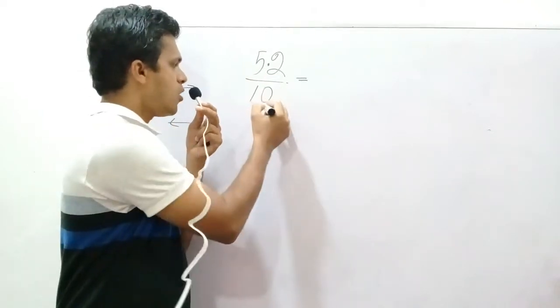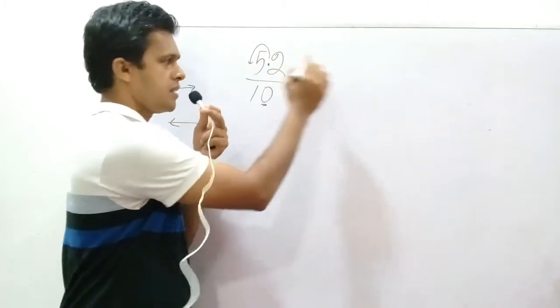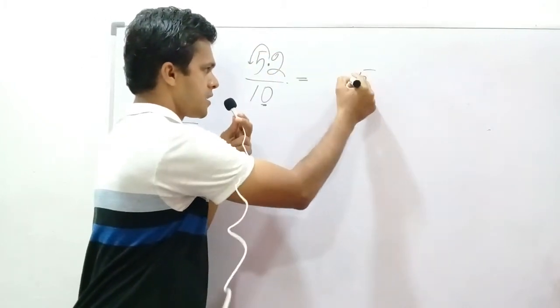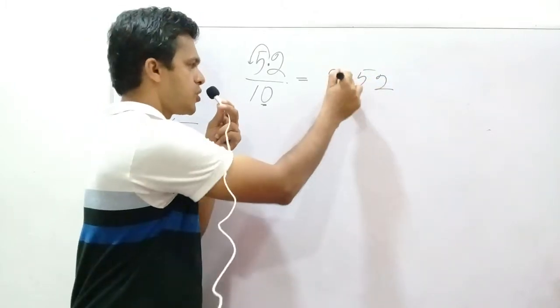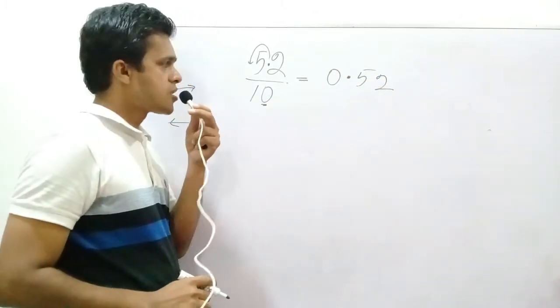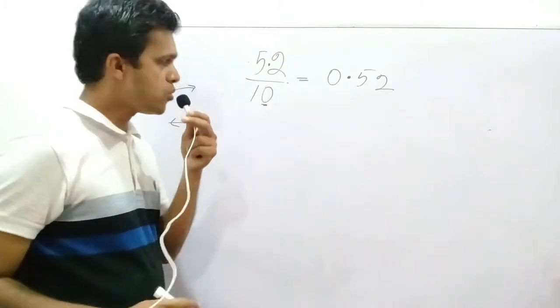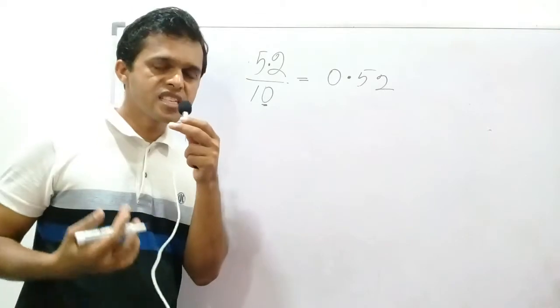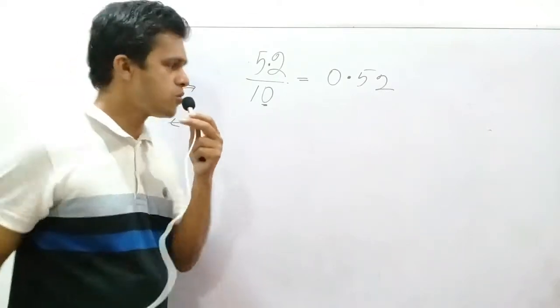Okay. Now, when it is divided, this decimal point comes here. So here 0.52. Here you should write 0. So, when 5.2 is divided by the digit 10, the answer is 0.52.